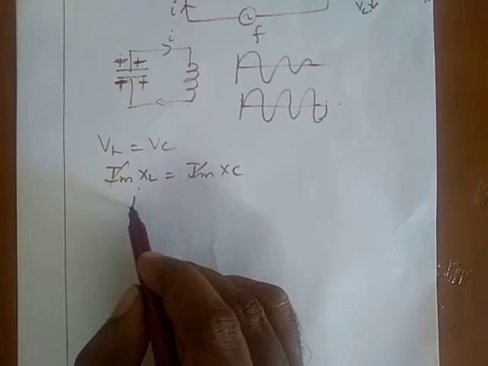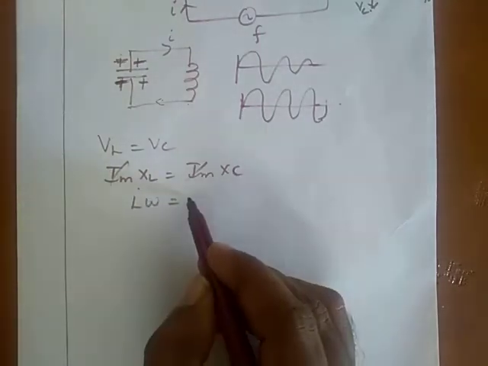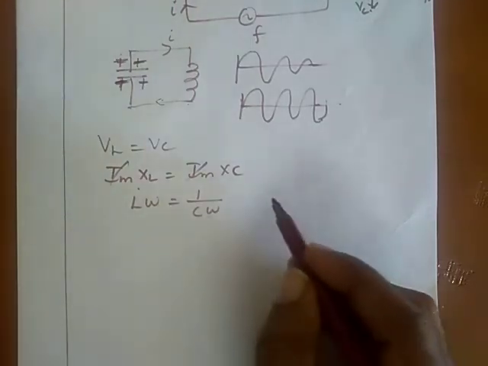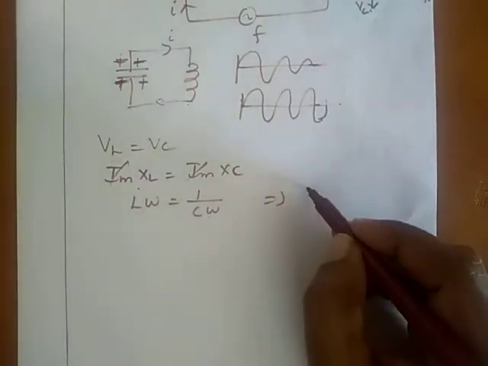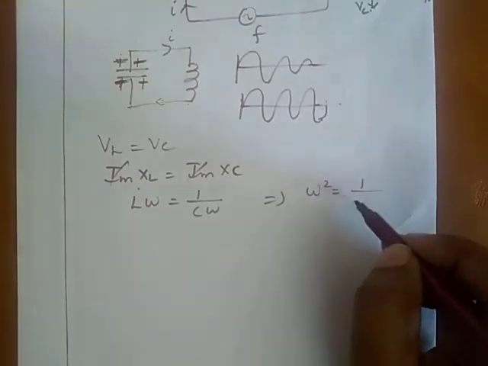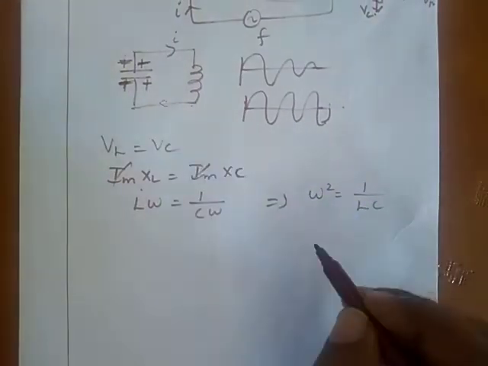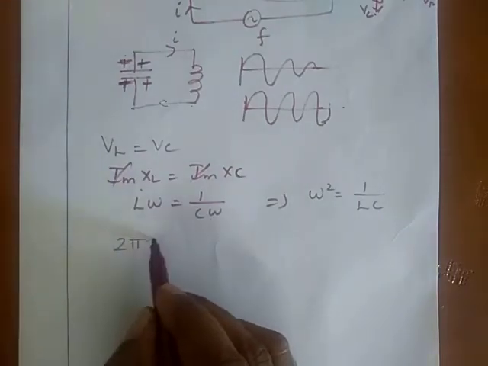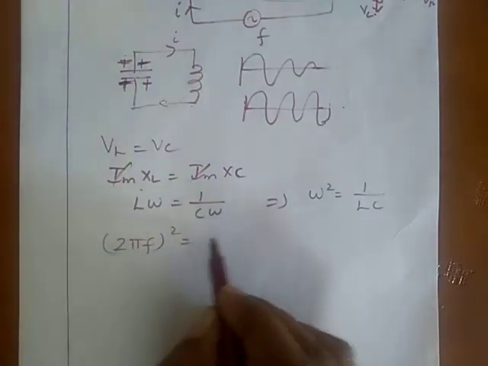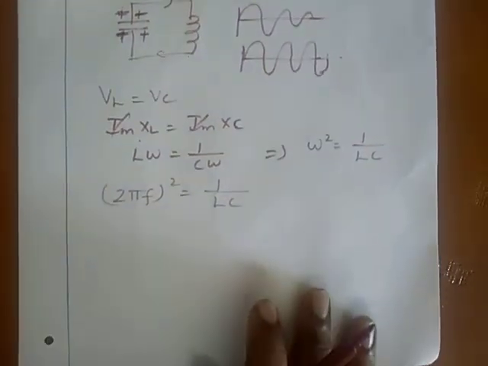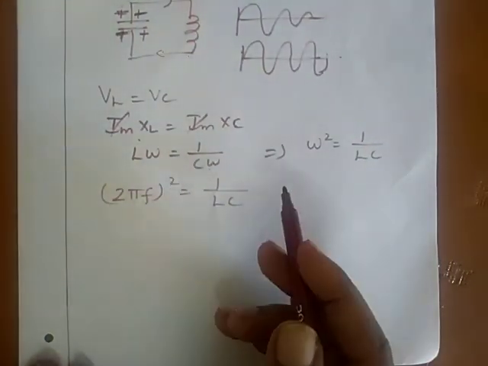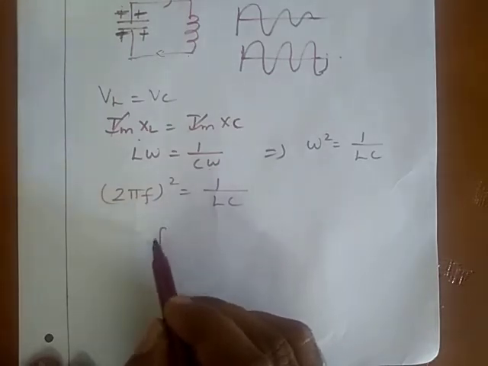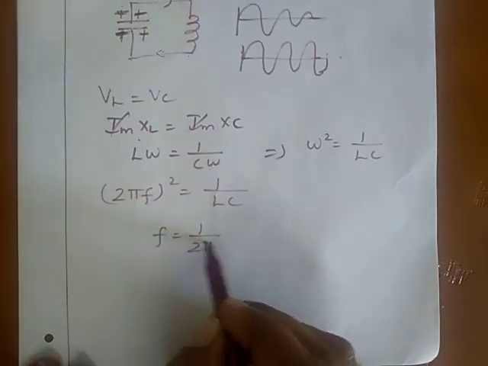XL is equal to L omega, and XC is 1 by C omega. Then omega square is equal to 1 by LC. Since omega is equal to 2 pi F, (2 pi F) whole square is equal to 1 by LC. After solving, we get F is equal to 1 by 2 pi root of LC.